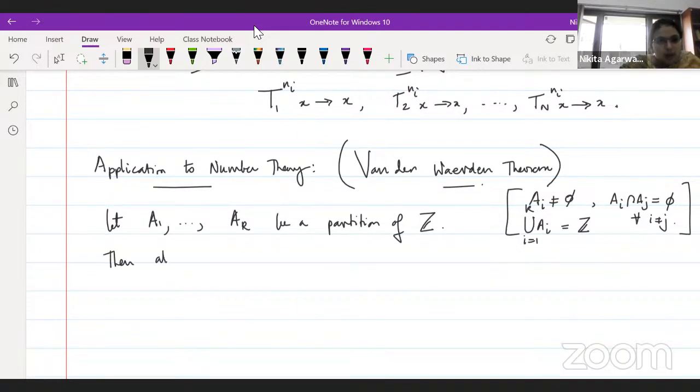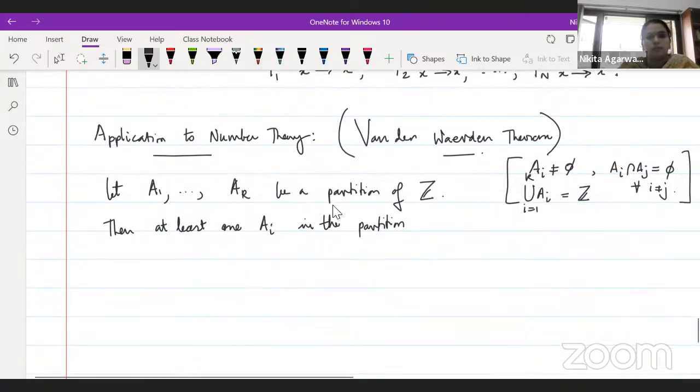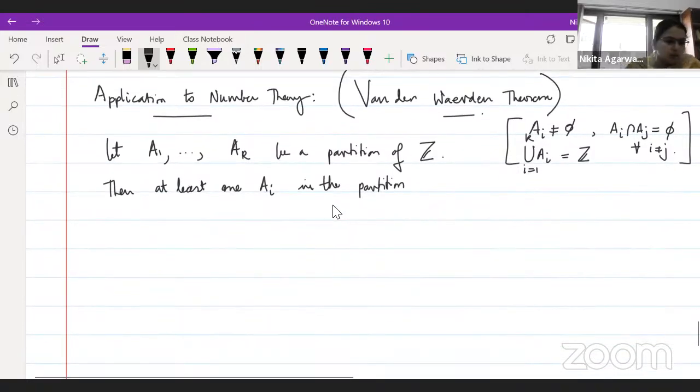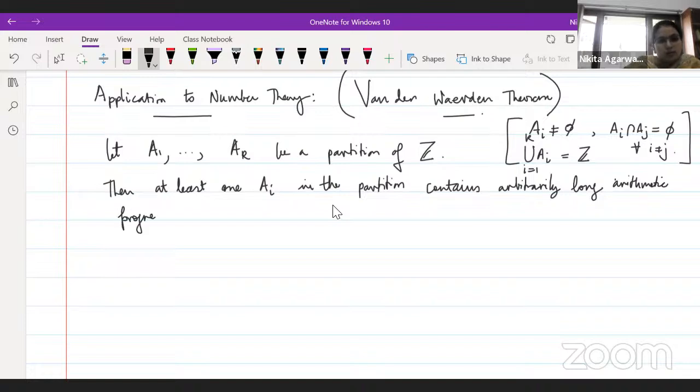Then at least one Ai in the partition contains arbitrarily long arithmetic progressions.